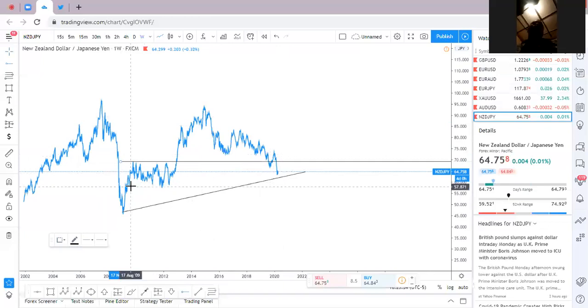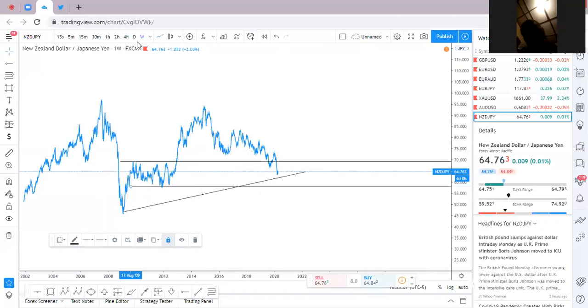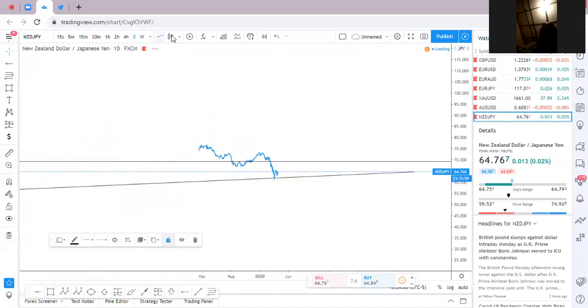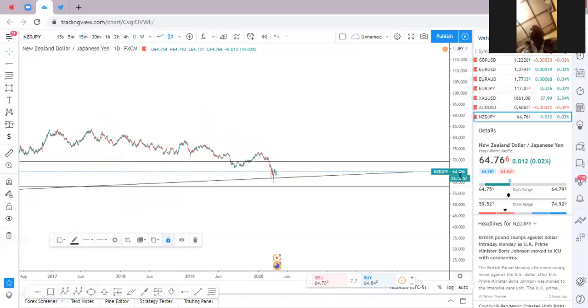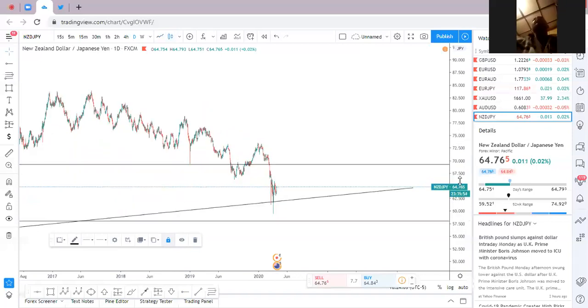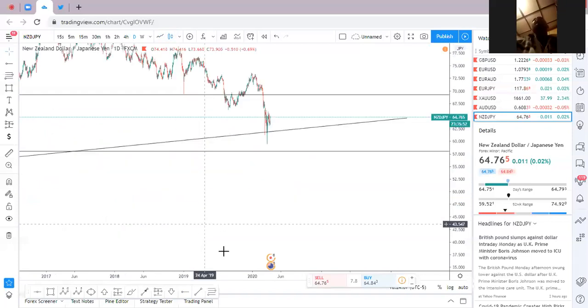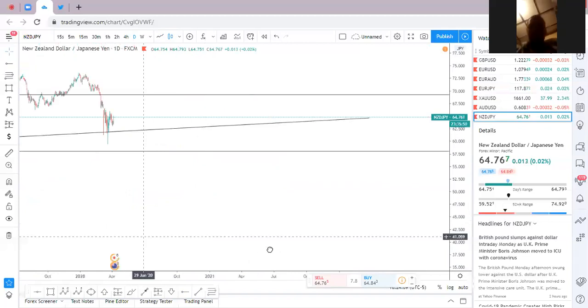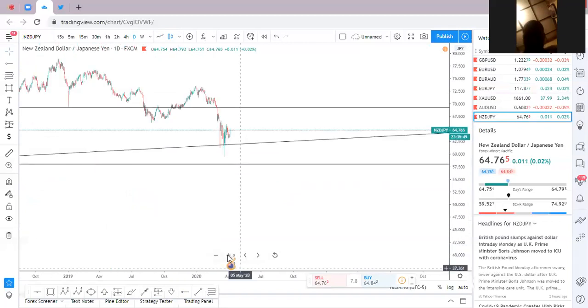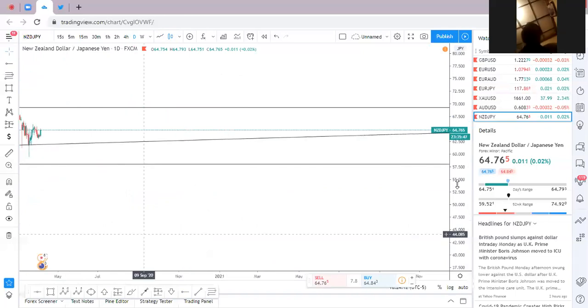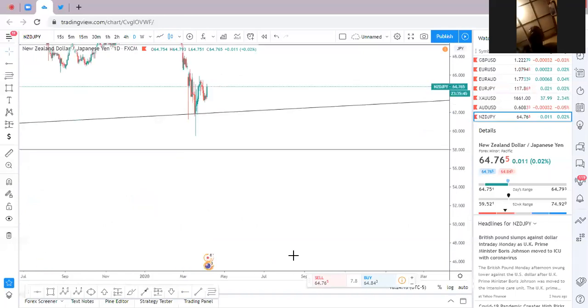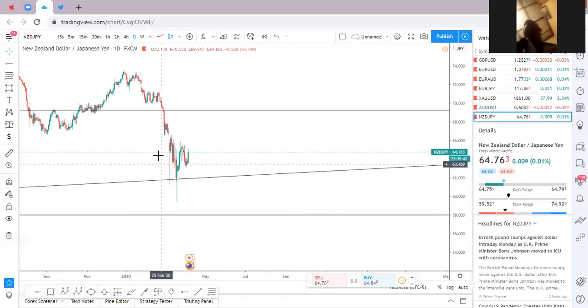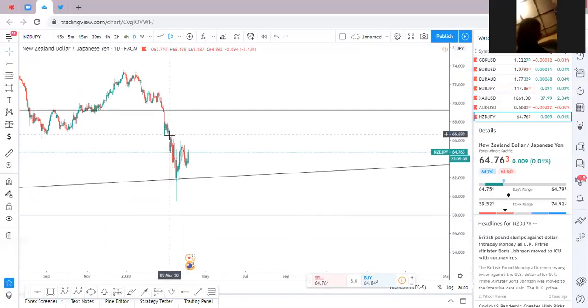Lowering the time frame now, moving to the daily. So this is the daily, and you can see in the daily we have a gap to fill here.